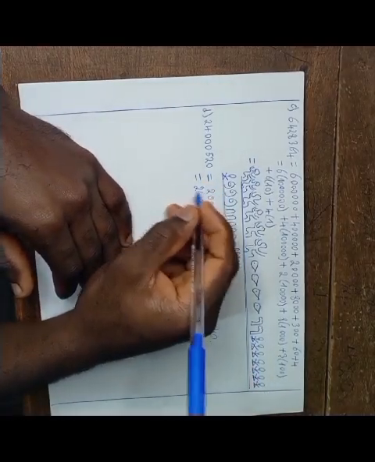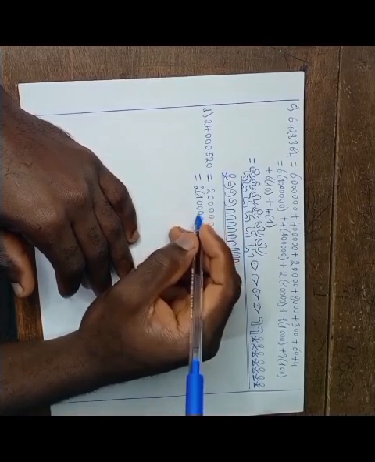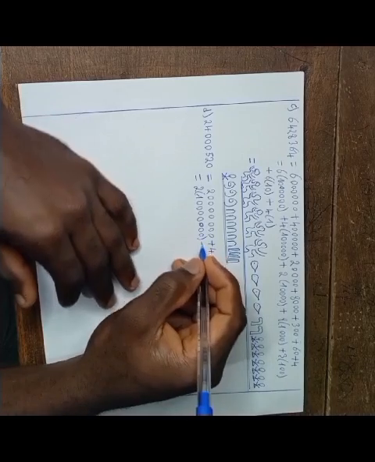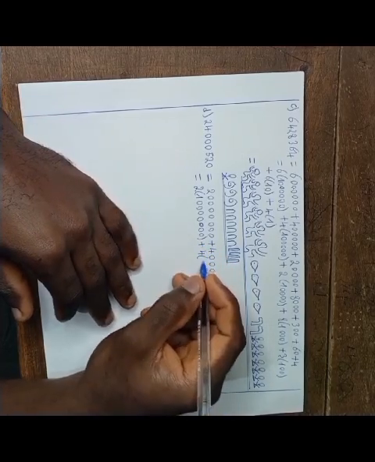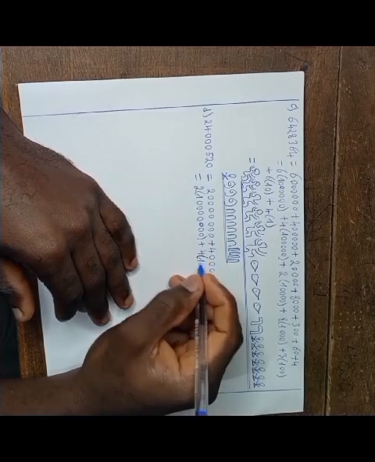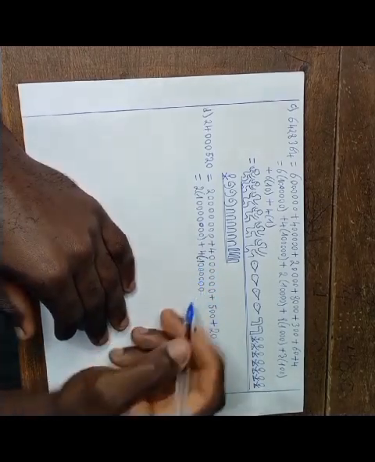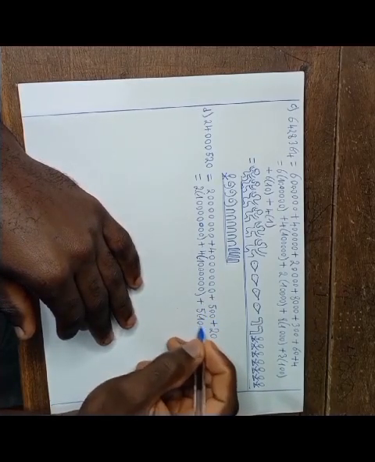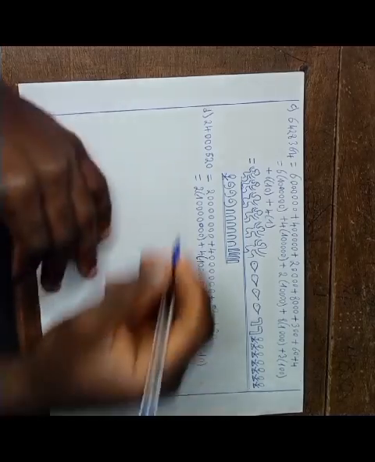So this will give us 2 times 10 million plus 4 times 1 million plus 5 times 100 plus 2 times 10.